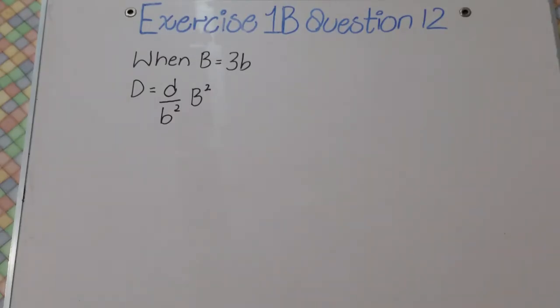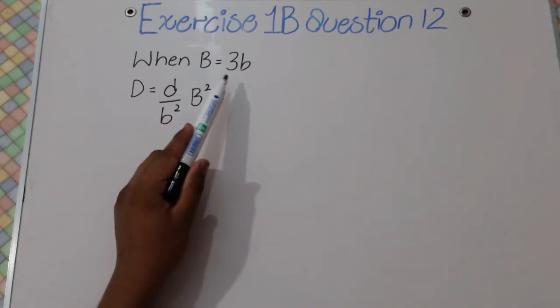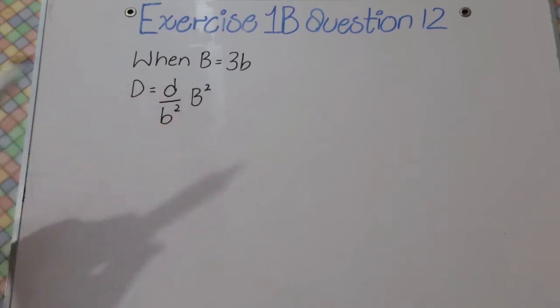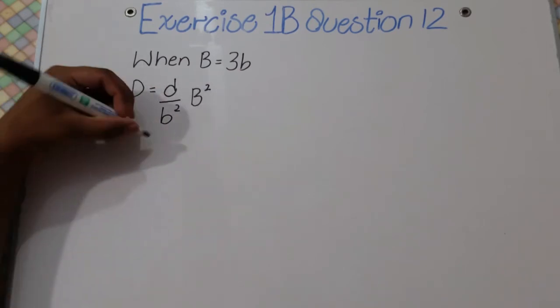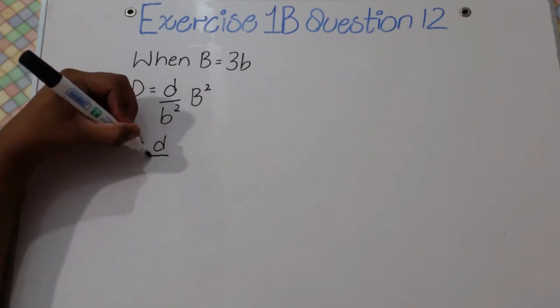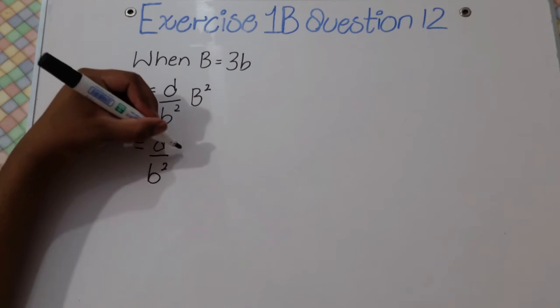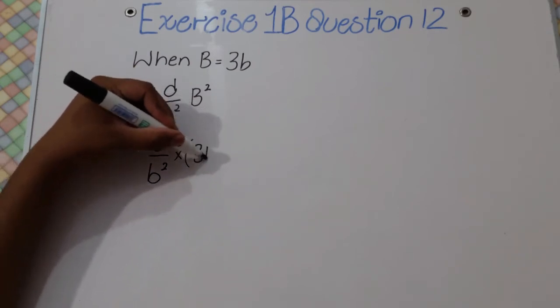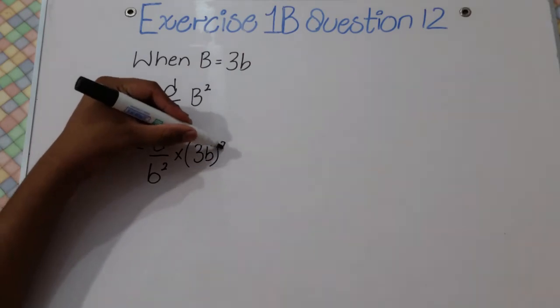So over here, like in the previous clip, we have found the value of capital B, which is 3b. So I'm going to put this value in when capital B equals 3b. If we put the values like this, c d small b square multiplied by bracket 3b square.